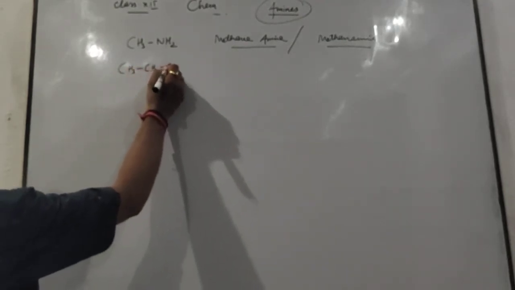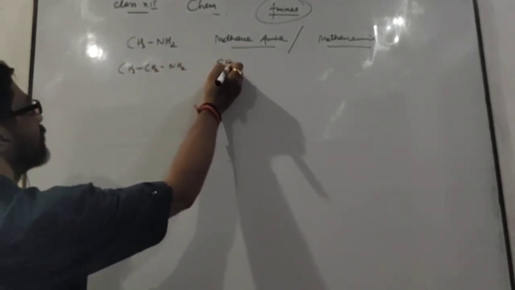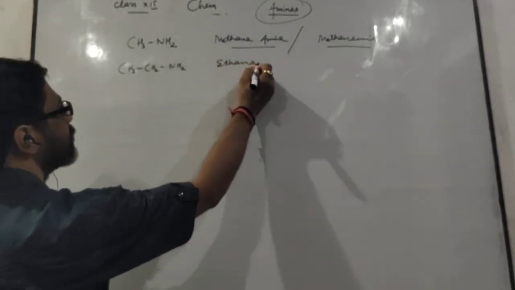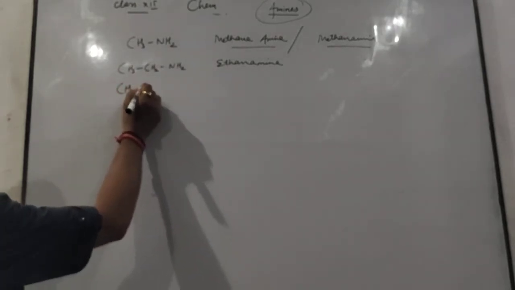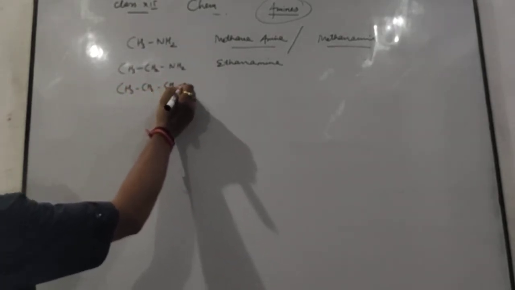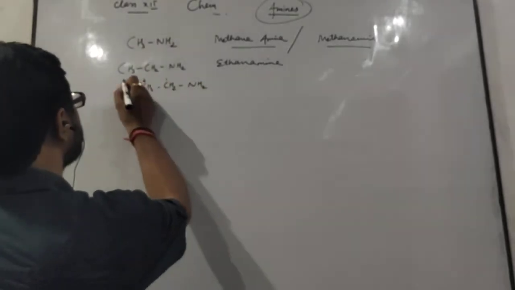CH3CH2NH2. This one is ethanamine. Ethanamine. These are primary amines. If the number of carbons becomes 3 or more than 3, then the position is written here. First, second, third.